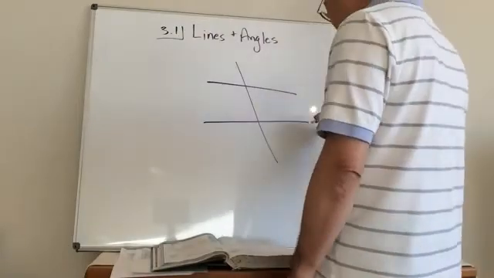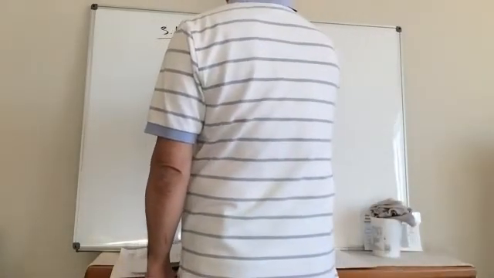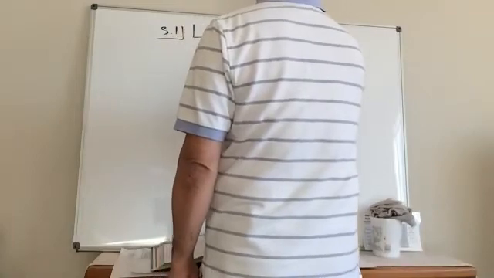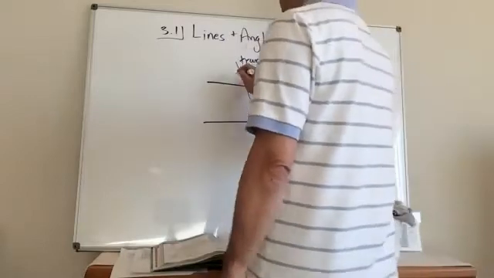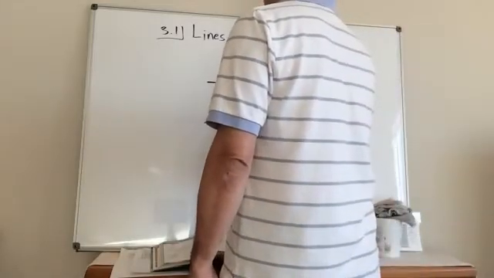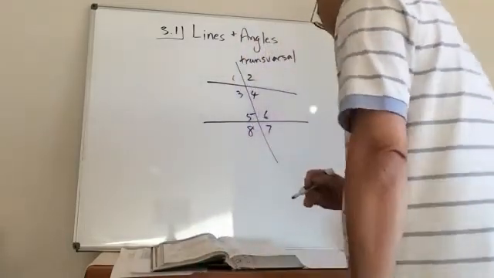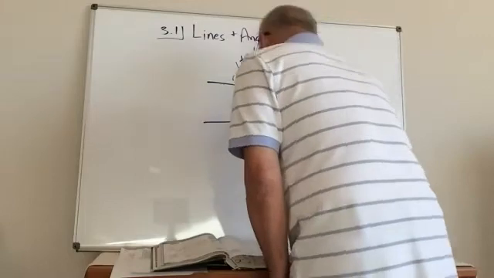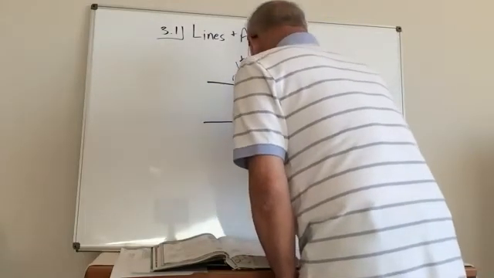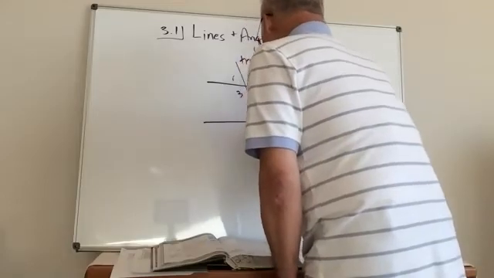This here is the transversal, and it cuts the lines. This is probably different than what the book has. Angles 1, 2, 3, 4, 5, 6, 7, and 8, where 7 and 8 are switched.